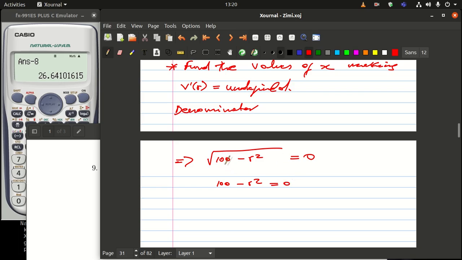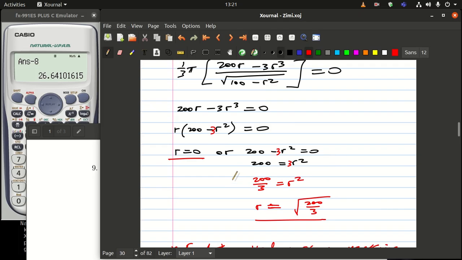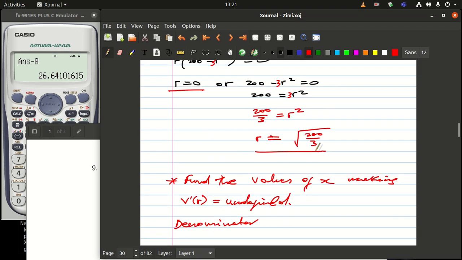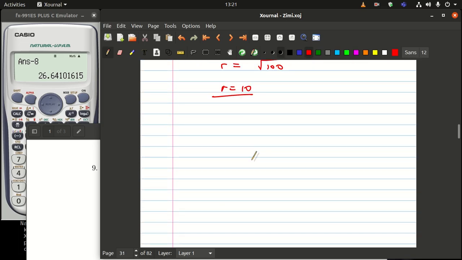And so 100 is just equal to r squared, or r is equal to plus or minus the square root of 100, and r can only be positive, it cannot be negative. So r is just equal to 10. So we have critical values here: r is equal to 0, r is equal to the square root of 200 over 3, and r is equal to 10. So these are the critical values that we have here.